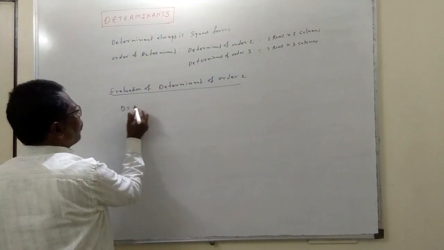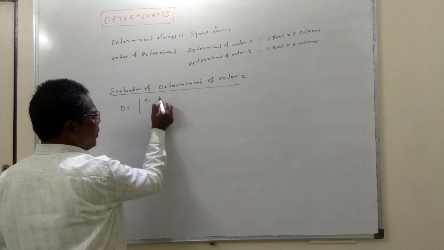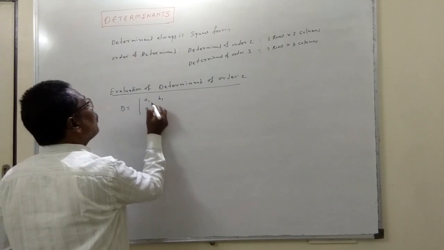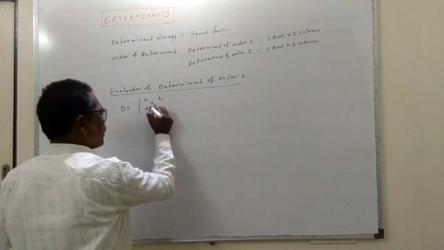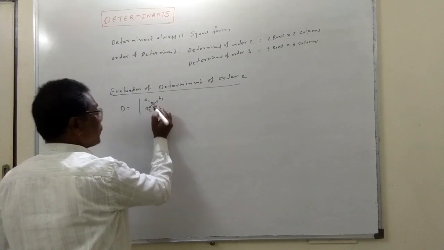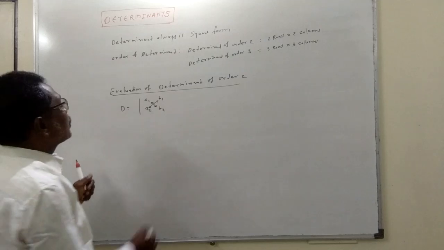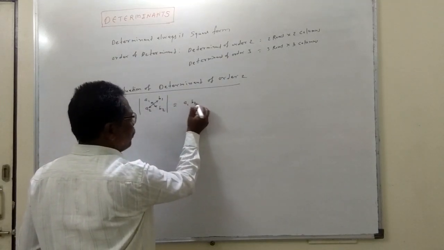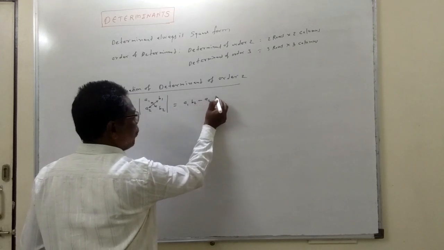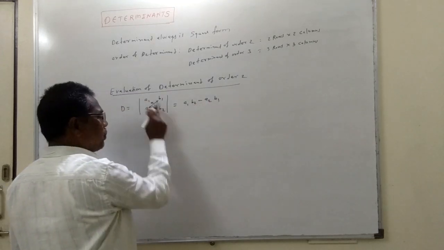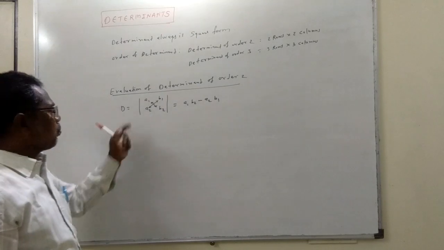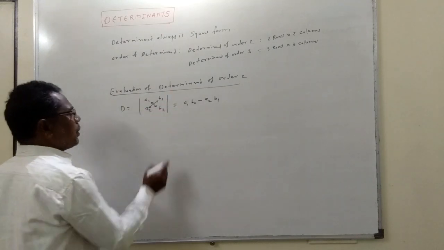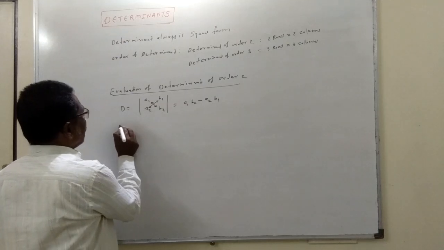So D is equal to the determinant A1 B1 A2 B2. Now you take the product of the principal diagonal elements minus the product of the posterior diagonal elements. So that is equal to A1 B2 minus A2 B1. So the principal diagonal elements product minus the posterior diagonal elements product is the value of this determinant of order 2.